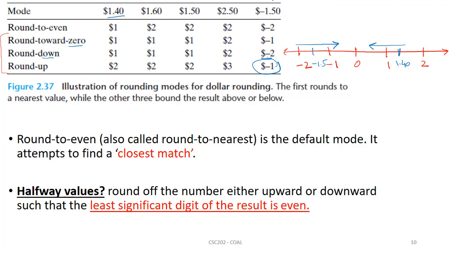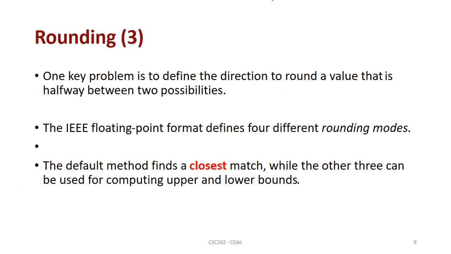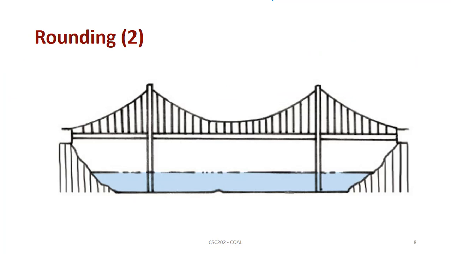However, the default technique, as we discussed in the class on rounding, is round to even. This is the default technique if you are using the IEEE 754 floating point format, and in most systems this is the technique which is commonly used. So let's see what round to even is.